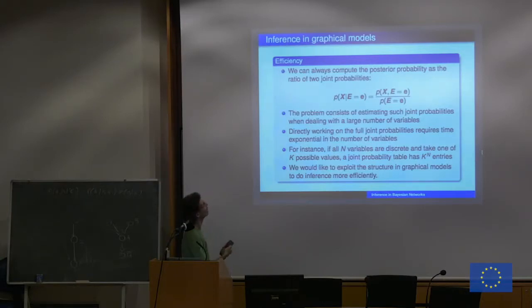So you use the product rule to compute X given E as the joint probability of the variables of interest and the evidence, divided by the probability of the evidence.